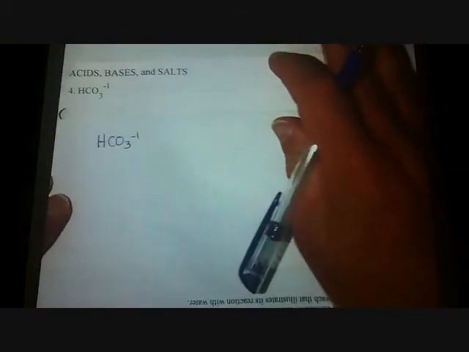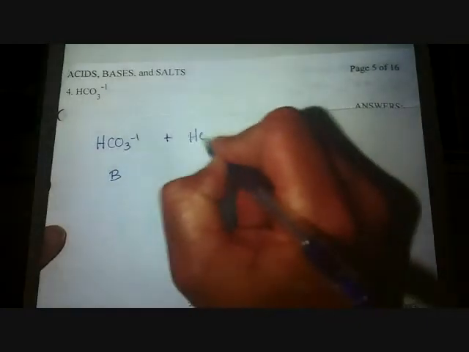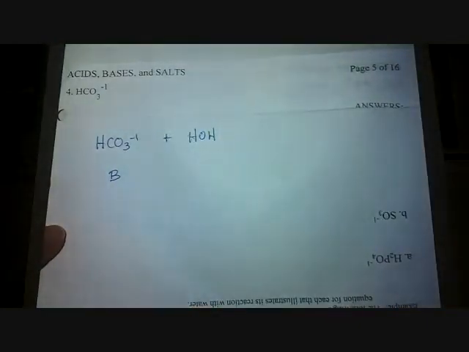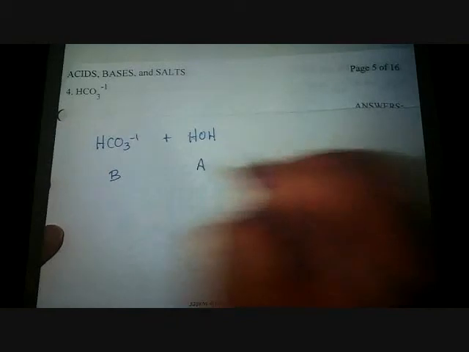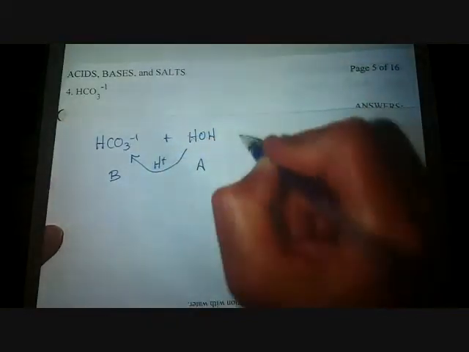So here, the HCO3 is acting as a base. So we know it's acting like a base, so call it a base. And if it's reacting with water, what is the water acting as? Acid. Okay, so that means that's the way the hydrogen's going.